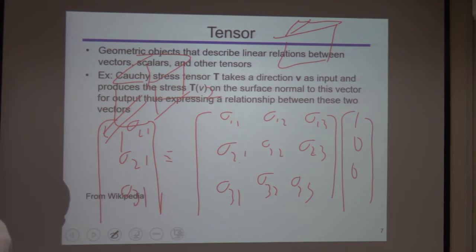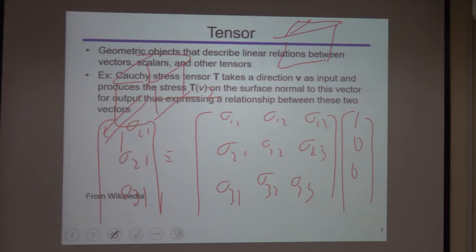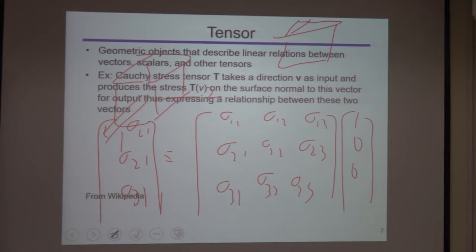So again, is sigma 1,2 equal to sigma 1,3? No. Is sigma 2,3 equal to sigma 3,2? Okay. So for this one, remember sigma 2,1 equal to sigma 1,2. Sigma 3,1 equal to sigma 1,3.